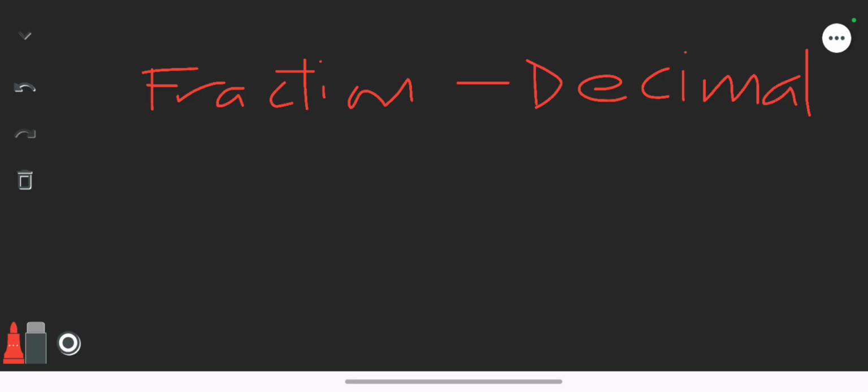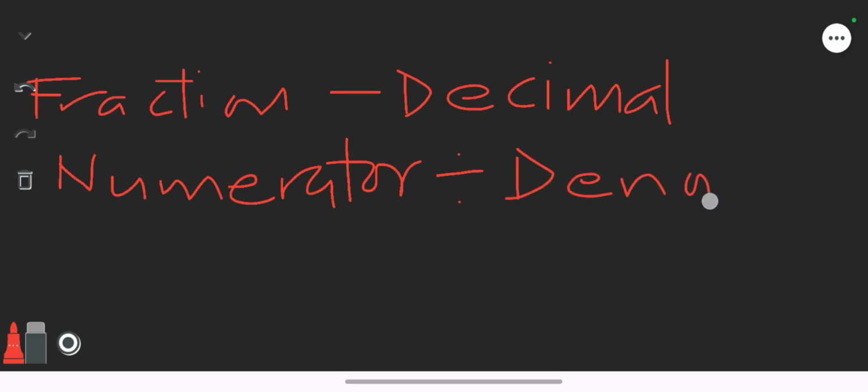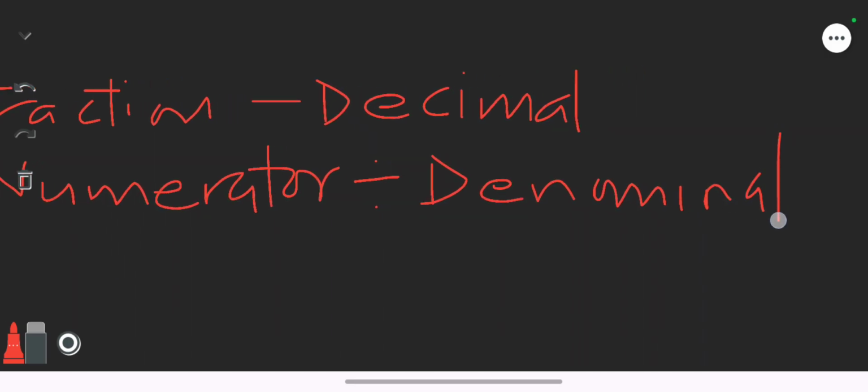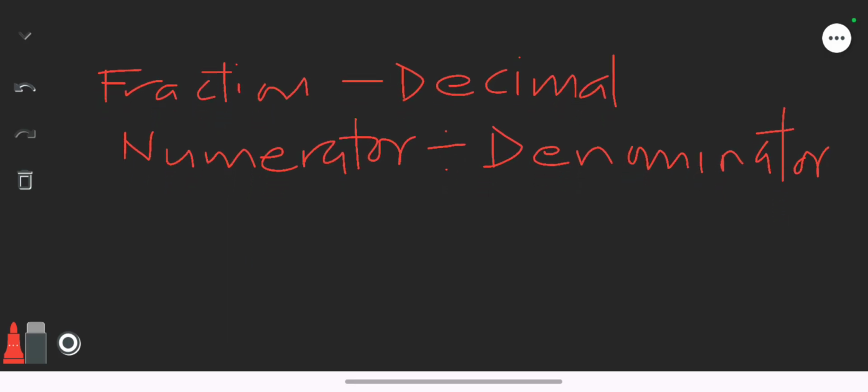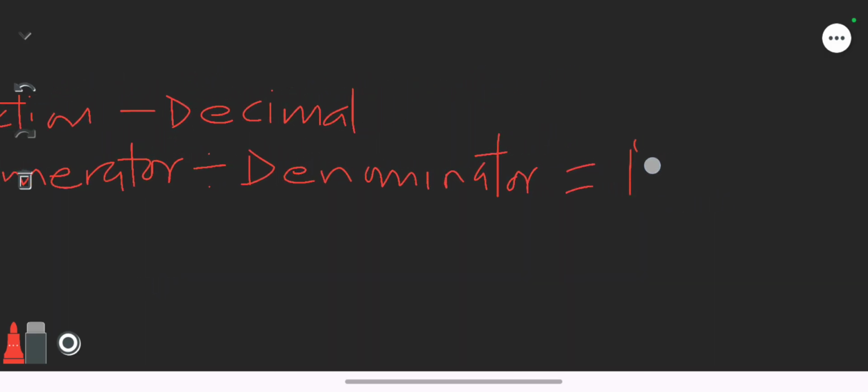To convert a fraction to a decimal, you divide the numerator by the denominator, which equals a decimal.